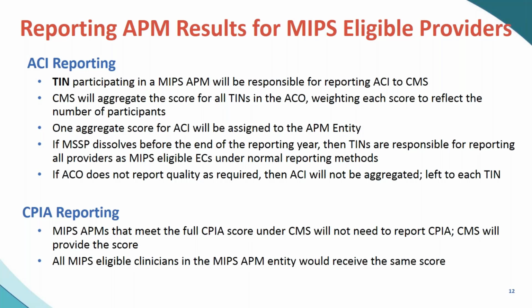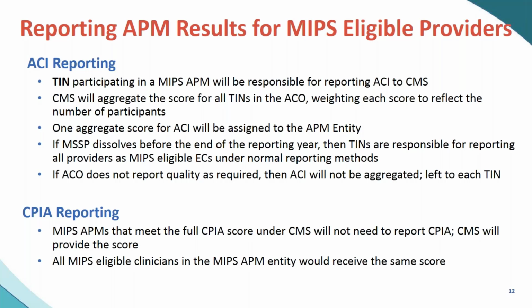Right. It will score, but once they've established that score for the ACO, that is the score that is given to the ACO and all of its participants that were listed as participants in the ACO. So that's important to keep in mind.